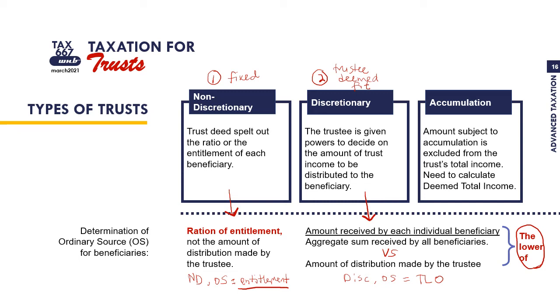Everything depends on the discretion of the trustee. So for this one, discretionary trust, when determining ordinary source for beneficiaries, we are going to compare between two figures. The amount received by individual beneficiaries divided by the total sum received by all beneficiaries, compared with the amount of distribution made by the trustee, how much the waris received from the trustee.